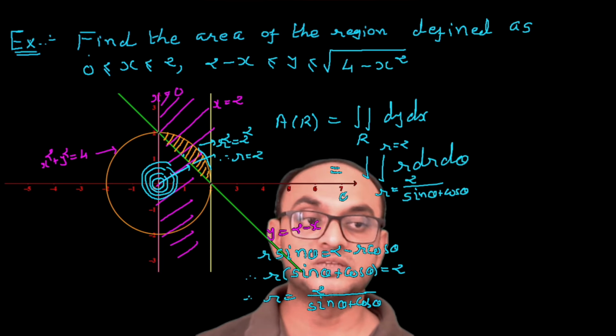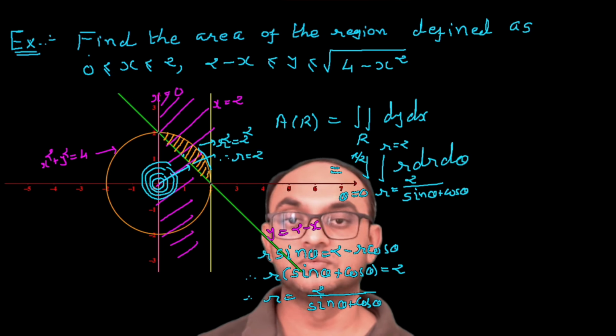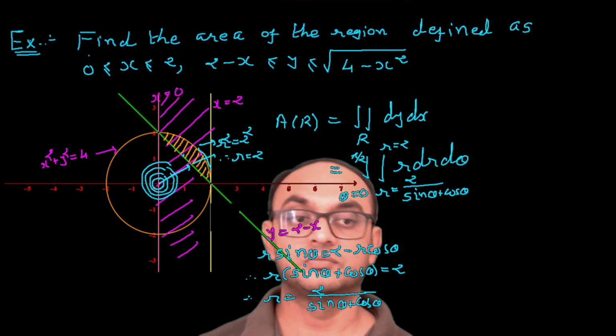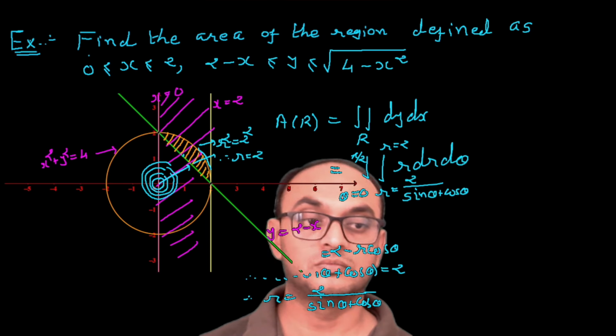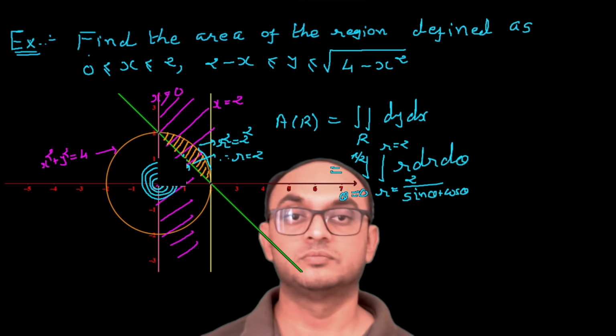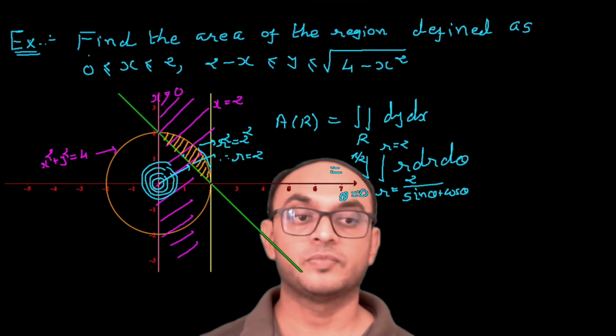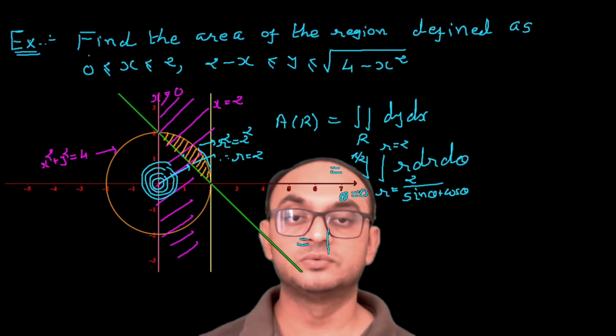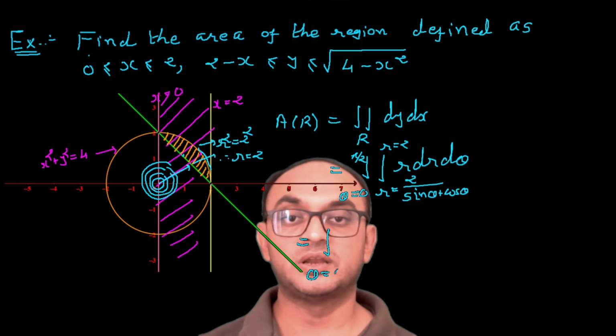And so theta goes from 0 to pi by 2. So this is equal to the integration with theta equal to 0 to pi by 2.